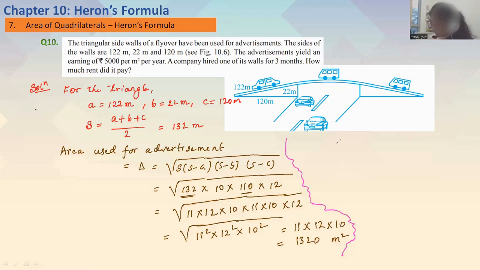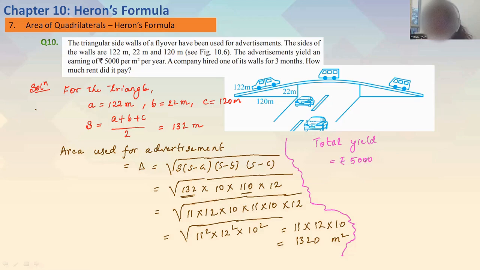So total yield equals 5,000 into 1 by 4. First, we can calculate this: 1250.